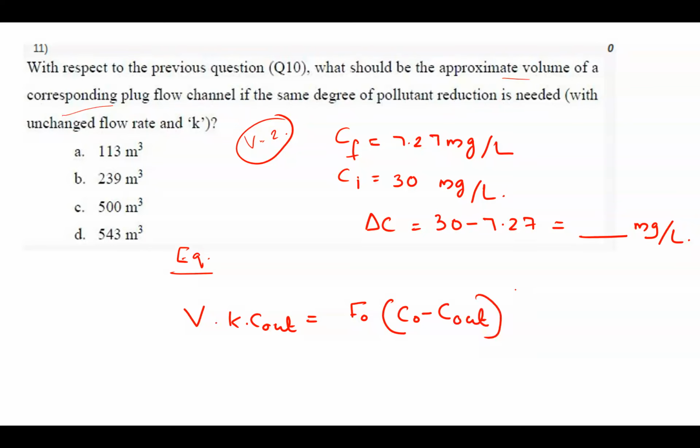Here F naught is the flow rate of fluid entering the reactor, the q that we mentioned in the previous question, the flow rate of wastewater entering the plug flow reactor. This question is fully for plug flow, but we are assuming the pollutant concentration values from the previous CSTR question. What was the q value in the previous question?